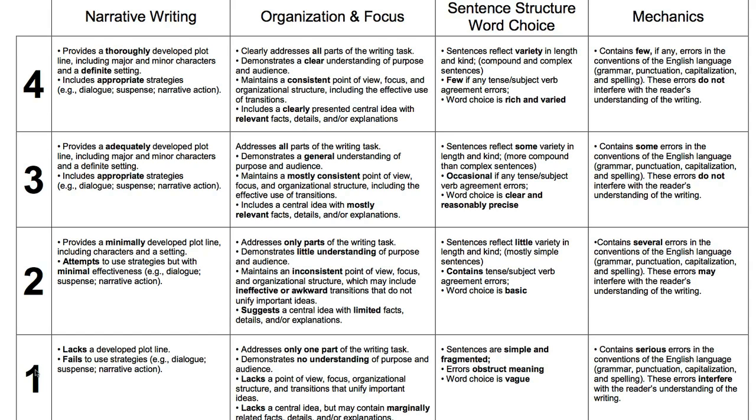The numbers will be used later to actually provide a percentage score for the student, but it's not required. You could just as easily replace these numbers with words. So let's look at, for instance, organization and structure.